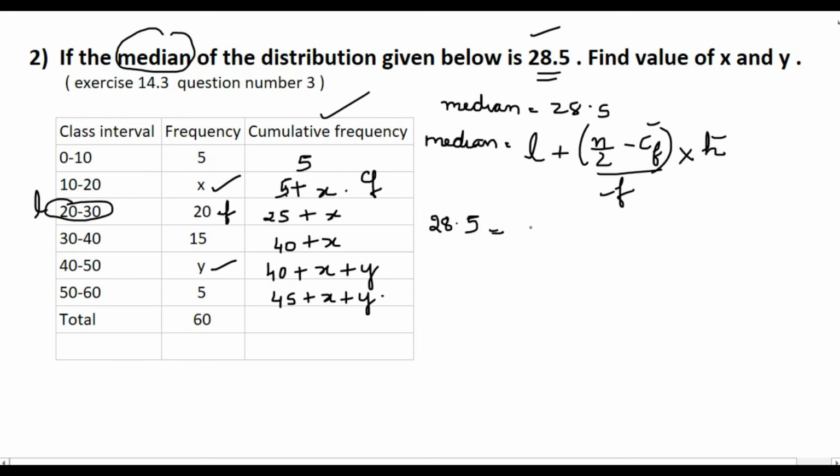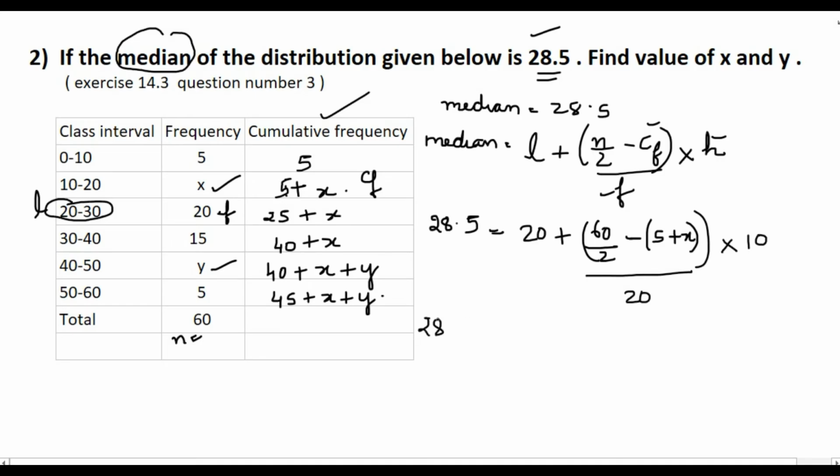28.5 is equal to 20 plus n, which means the total number of frequencies, so n is 60, 60 by 2 minus the cumulative frequency, which is 5 plus x. Since there are two terms, I will write 5 plus x inside the bracket, divided by f, which is 20, and h is the size of the class interval, which is equal to 10.